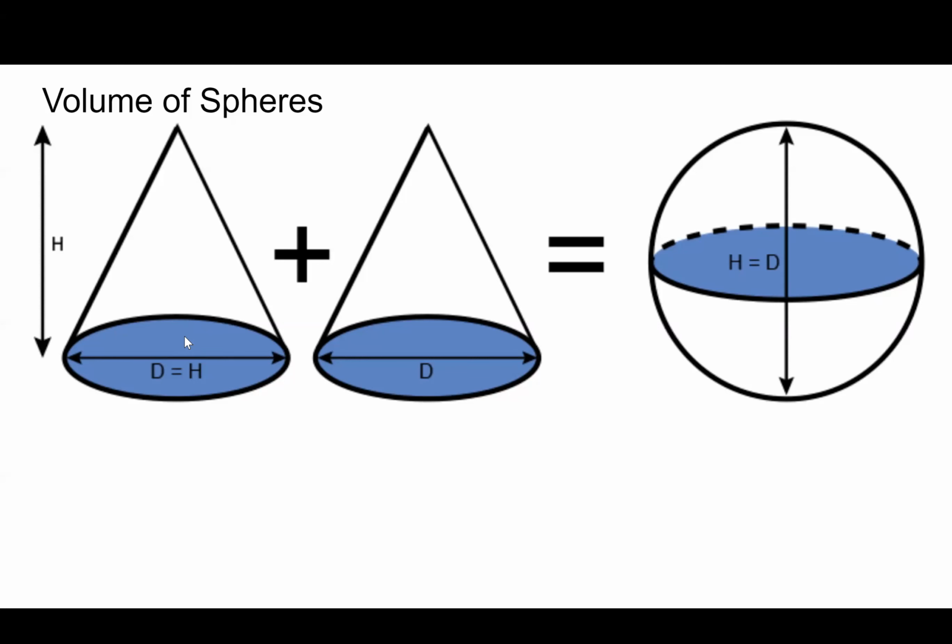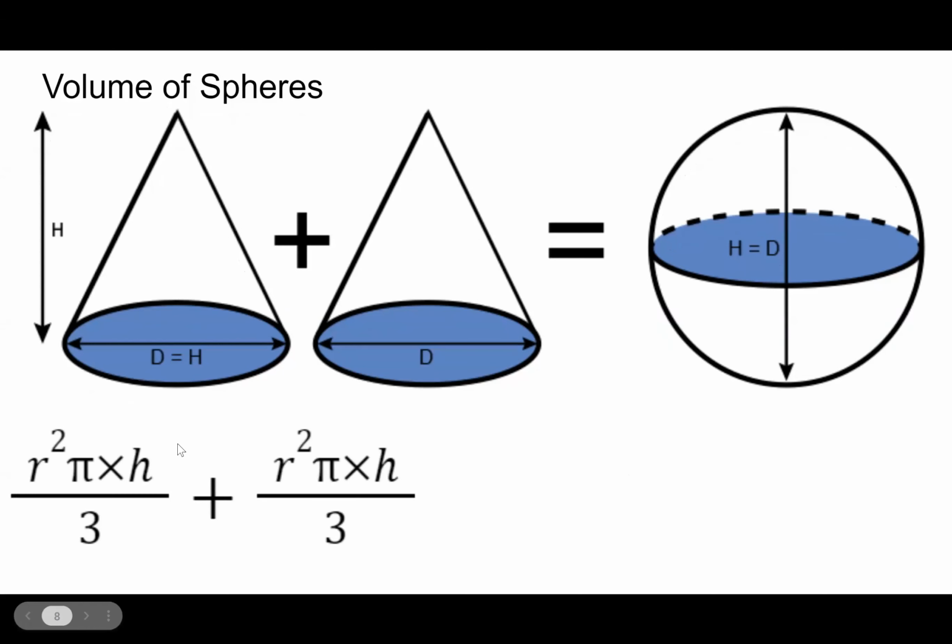I know the volume of a cone is the area of the base times height divided by 3. The base is a circle, so I'm going to say that it is radius squared pi times height divided by 3. Area of the base times the height divided by 3.